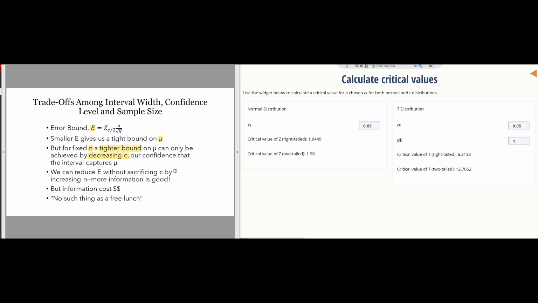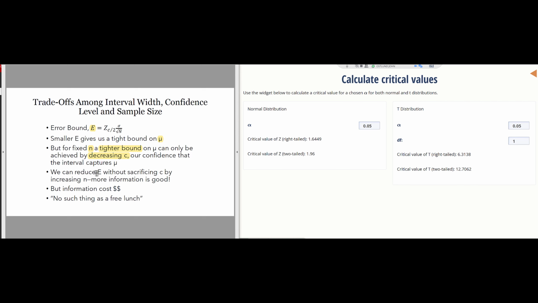This is the ridiculous example that I gave of being 99.99999% confident that the average internet spending is between $0 and $5,000. So you're really confident, but that totally blows up your error bound and makes it essentially useless information for making any kind of decision.